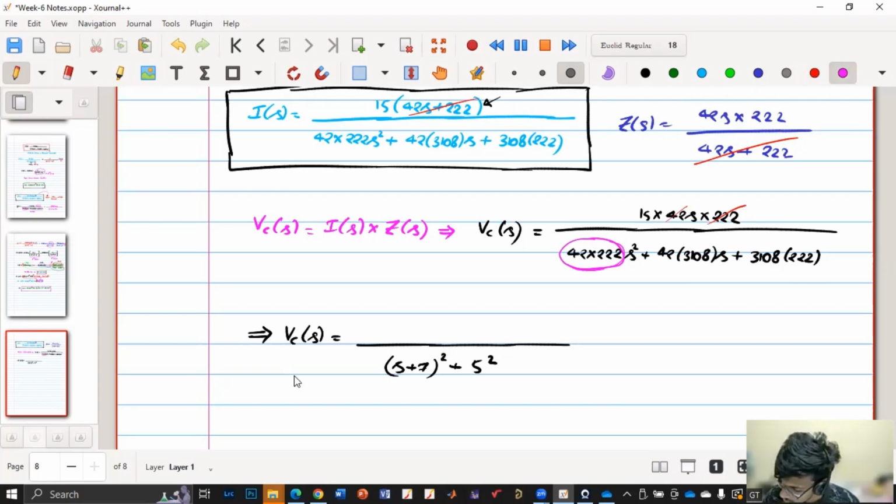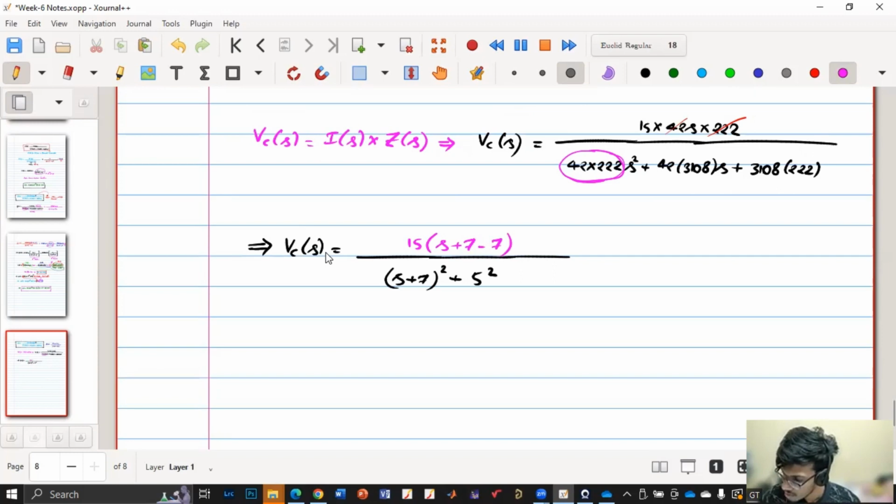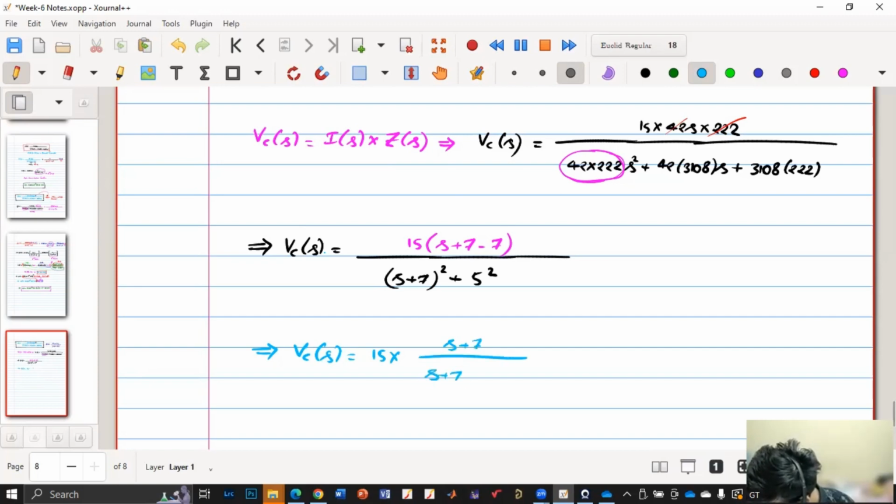Now I'll do the same thing what we have done. 15s, I'll write it as s plus 7 minus 7. Now we'll have VC of S is equals to 15 into S plus 7 by S plus 7 whole square plus 5 square minus 5 by S plus 7 whole square plus 5 square into 21.